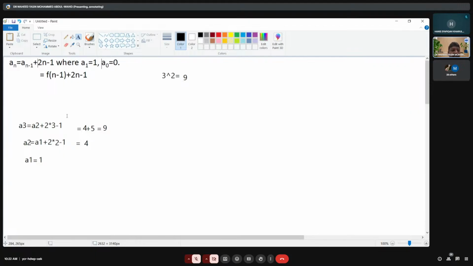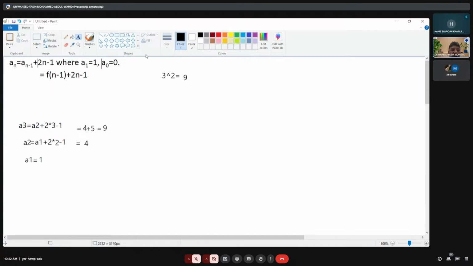I will again assume here A3 equal A2, F(n minus 1) to n minus 1. So here A2 plus 2 multiply 3 minus 1, because n is 3. Now A2, what is A2? A1 plus 2 multiply 2 minus 1.